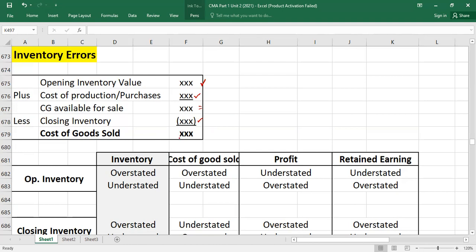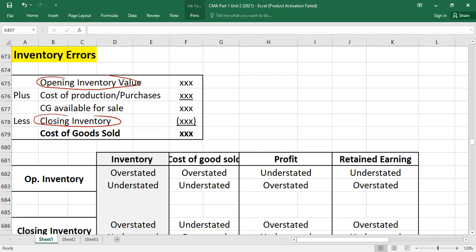And you can see in this equation, there are two types of inventory, right? Which two types of inventory are there? Opening and closing. Which inventory are you adding to the cost of goods sold? Opening. And which inventory do you deduct from the cost of goods sold? Closing, or ending.